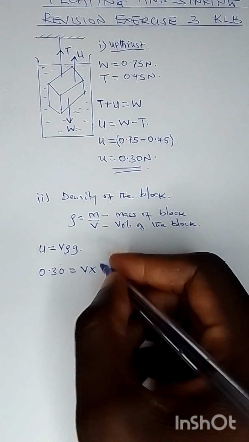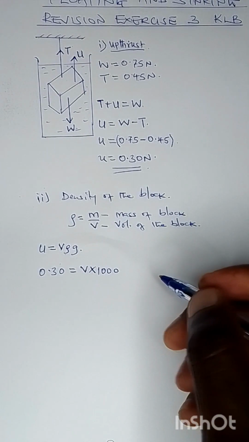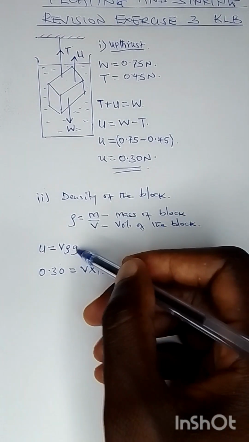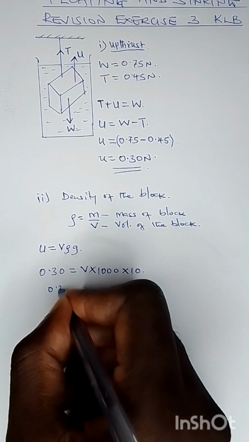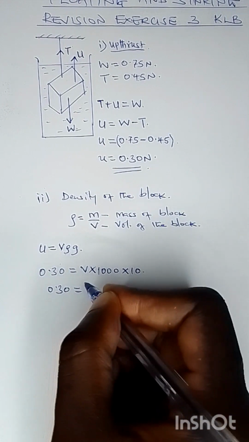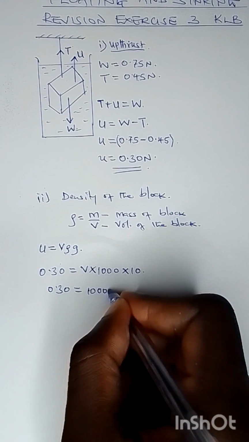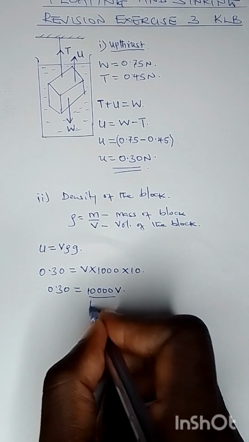The density of water is 1000 kilogram per cubic meter. Then again I multiply by 10, which is G, a constant. On this other side I have 0.30 equal to 10,000 V. Divide both sides by 10,000.